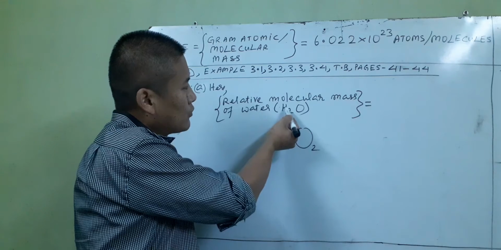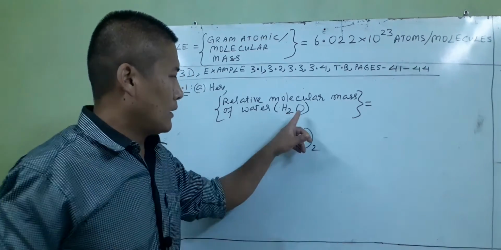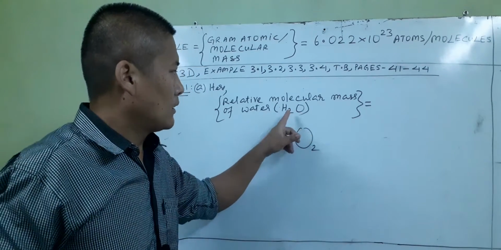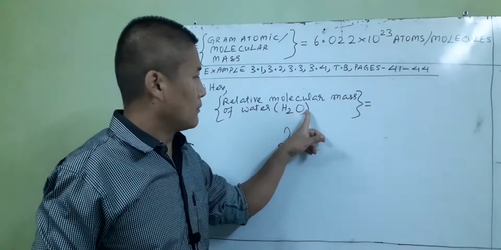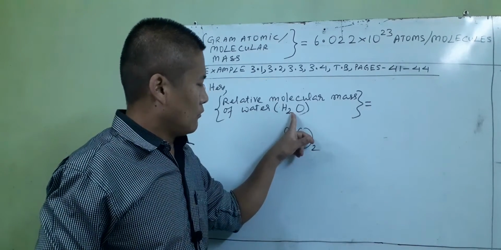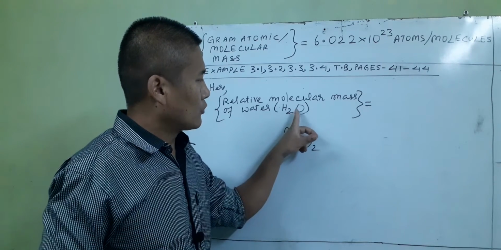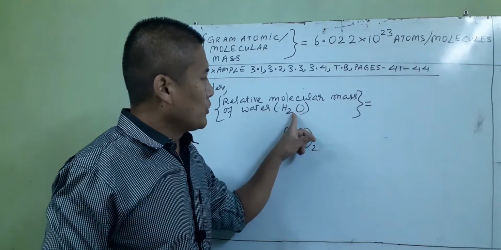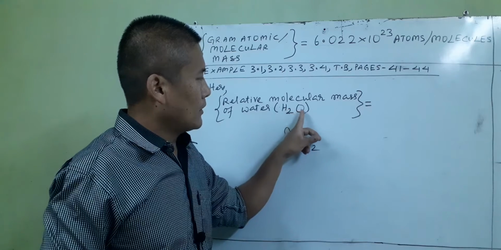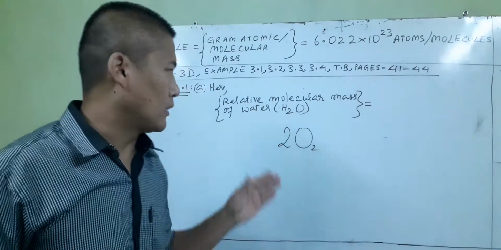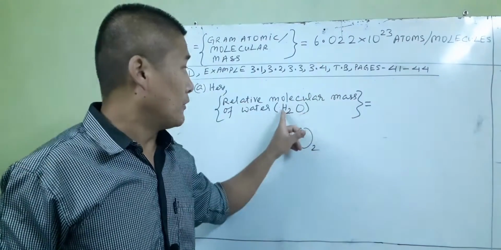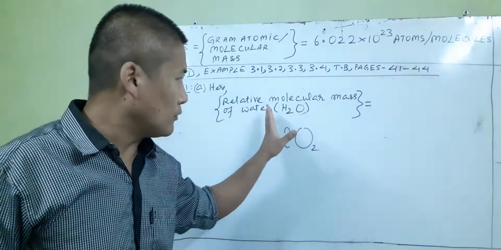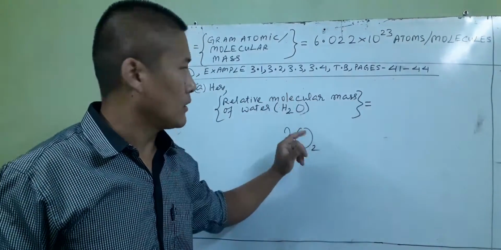So there will be 2 hydrogen atoms, and by that I also mean that at the back of O there is no number, meaning 1 oxygen atom. We are trying to say that 2 doesn't belong to O, because 2 is the subscript of H, not the subscript of O. So the number of atoms you always search from the back of the symbol of the atom, H. How many H atoms? Hydrogen atoms at the back, 2.